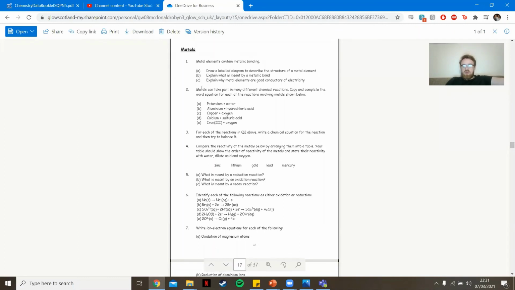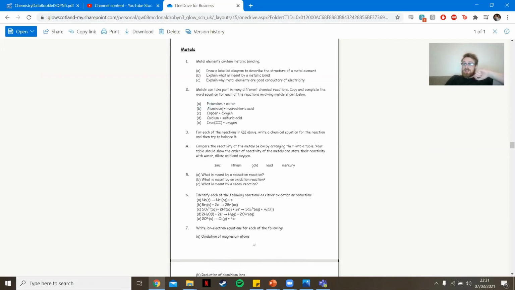page 17. So remember, for question 2, it's asking you to write down a word equation for each of the reactions. If you remember from the video, it talked about when you add a metal to water, then hydrogen is produced plus the metal hydroxide. So for the first one, remember hydrogen is produced plus the metal, which in this case is potassium hydroxide.